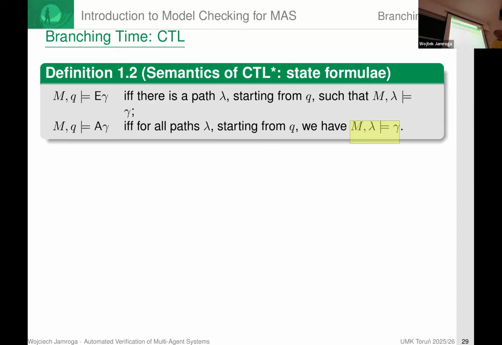Some years later, they realized it can be nicely extended, and if we extend it, it has a much more logical structure. But the restricted version was already published and recognized, and everybody knew about it. So for the extension, they added the star. They called it CTL star.